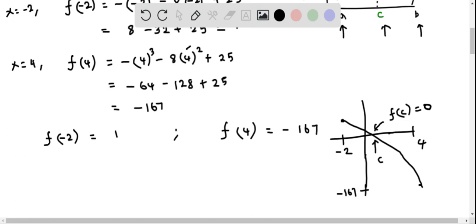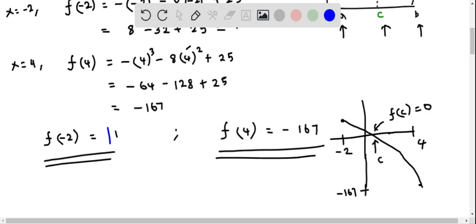So all that we have to do to show that this has at least one solution is determine the function value at the endpoints, and one of them has to be positive, clearly this one is positive, and one of them has to be negative, and clearly this is negative. So we can definitely see that 0 lies between a positive quantity and a negative quantity.